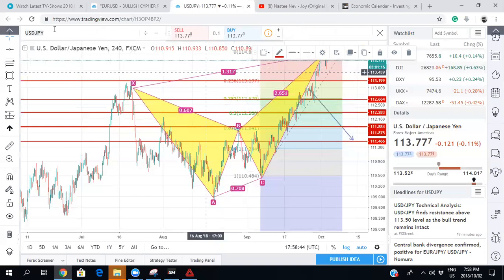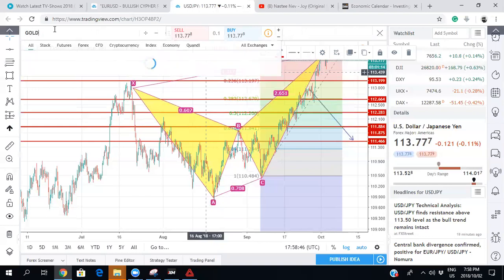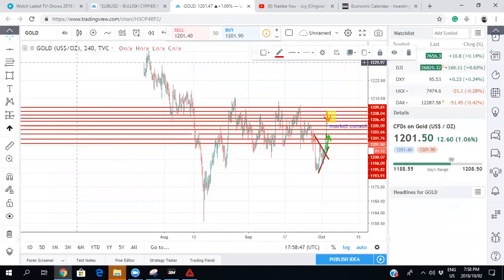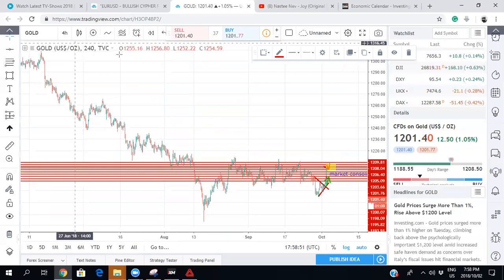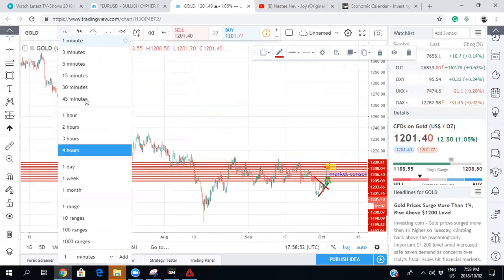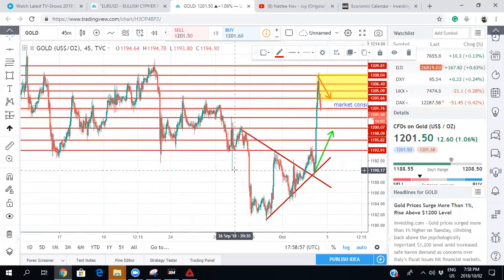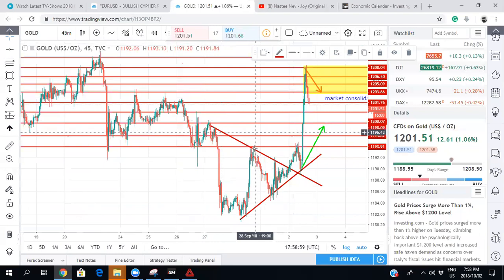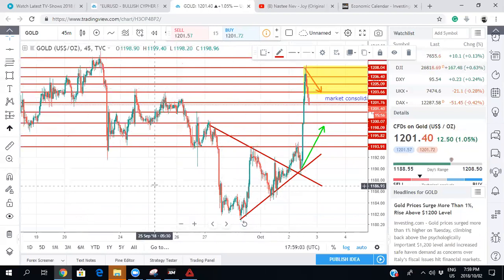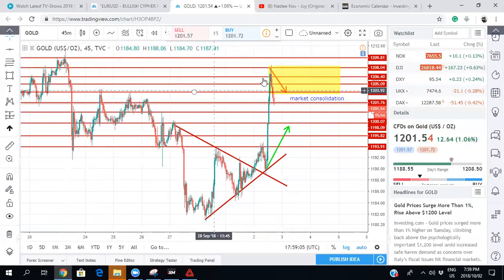I don't know others. Let me see gold. Gold played out very nicely. Yes, there was an ascending triangle on gold. Let me go to 45 minutes. As you can see here, a symmetrical triangle on gold. And then there was a change in the direction. It broke out. My estimation was that it's going to fall towards that point for market consolidation.